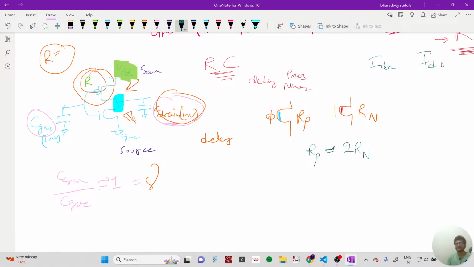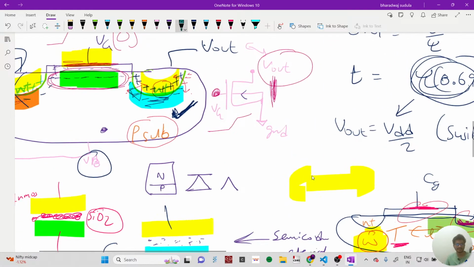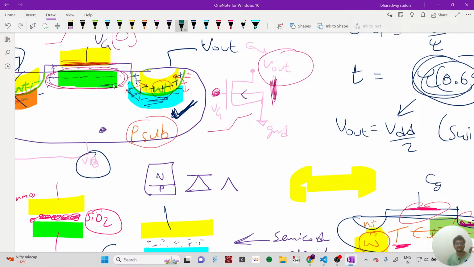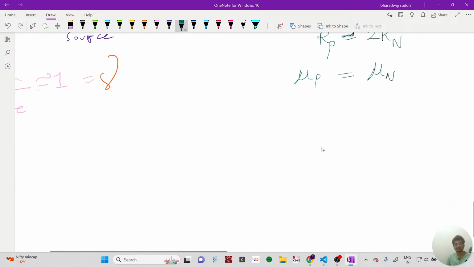We can deduce from this current equation that it depends on the mobility of PMOS to the mobility of NMOS. If you can see here, in NMOS there is an N channel, right? The channel is formed by electrons, and the PMOS channel is formed by holes, right? We all know that.